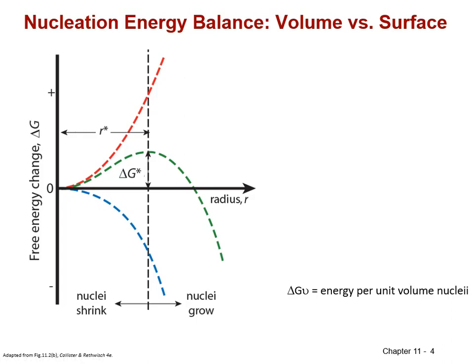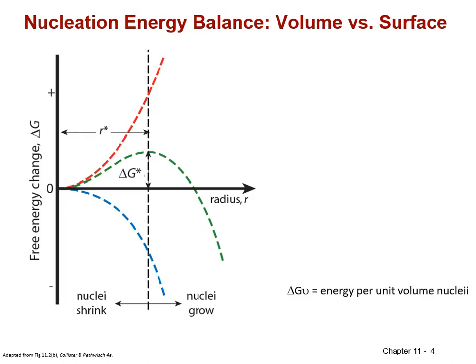Now we can do a little bit of math and start looking at an energy balance a little bit more closely. So here's another radius of our new phase. So we're looking at a single nucleus, little nuclei of crystallite growing.